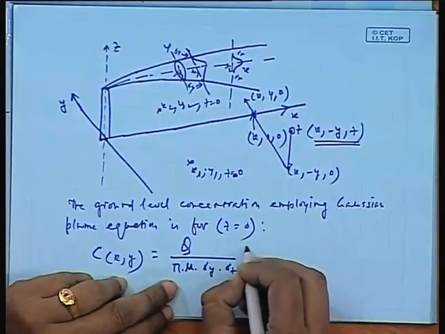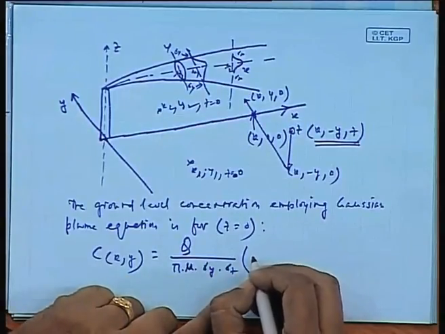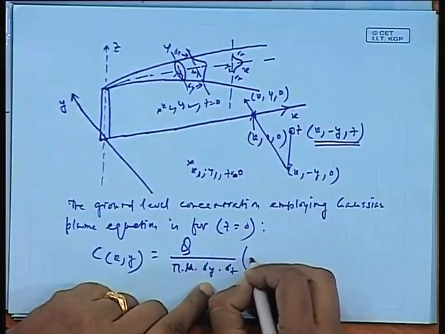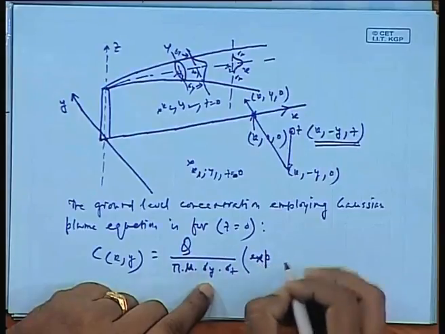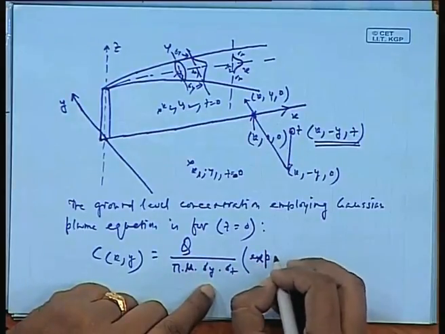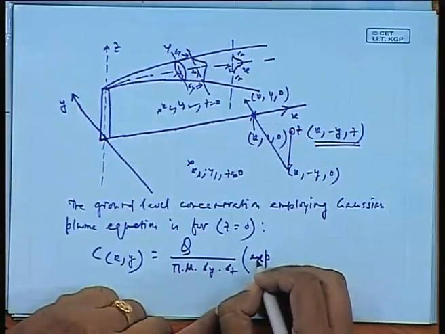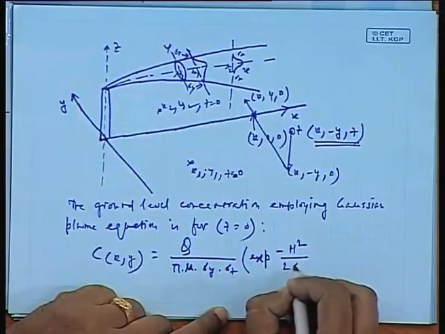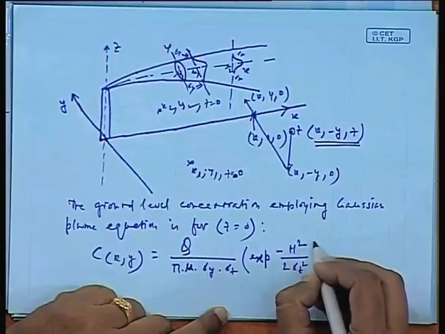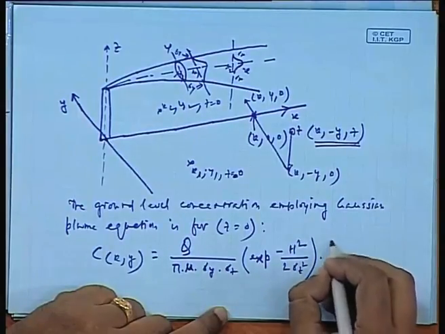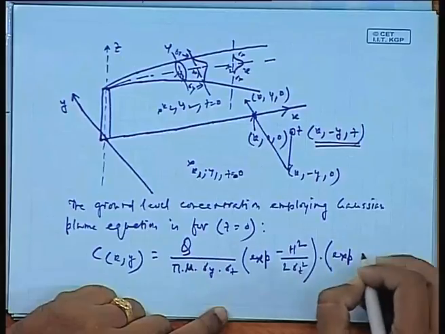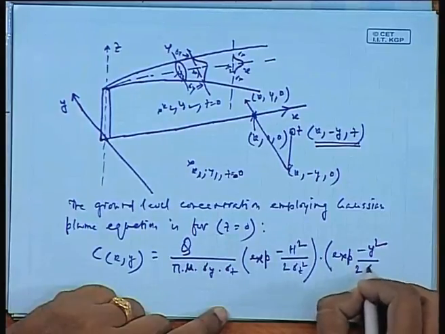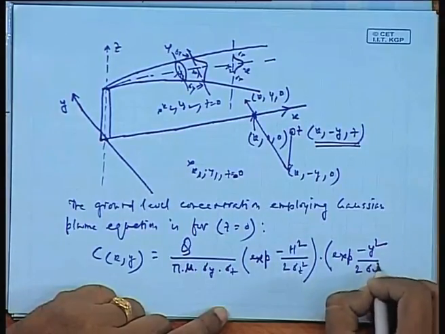These are the typical normal distribution standard deviations, or we would call them the dispersion coefficients, exponential of minus h square divided by 2 sigma z square, into exponential of minus y square divided by 2 sigma y square.